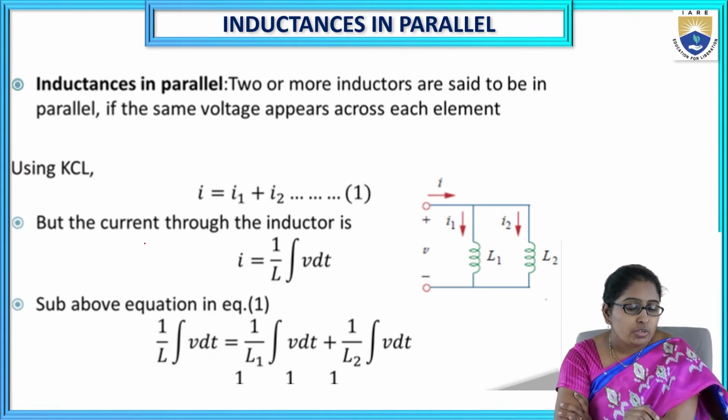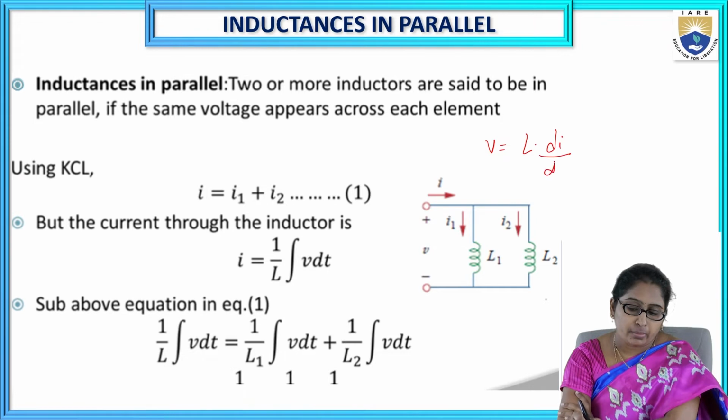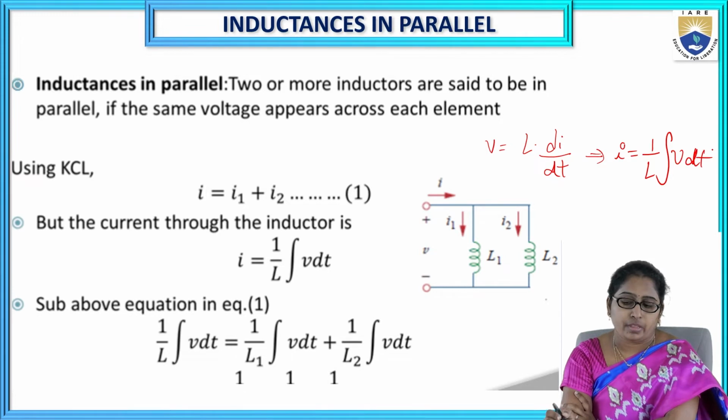Now, in the case of an inductor, we know from the voltage current relationship that V equals L dI by dt. From that, I is written as 1 by L integral of V dt. Now put that with respect to each element.